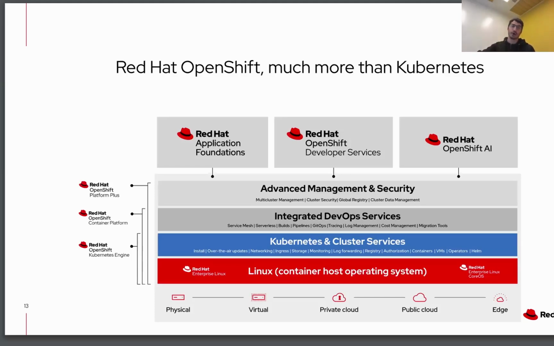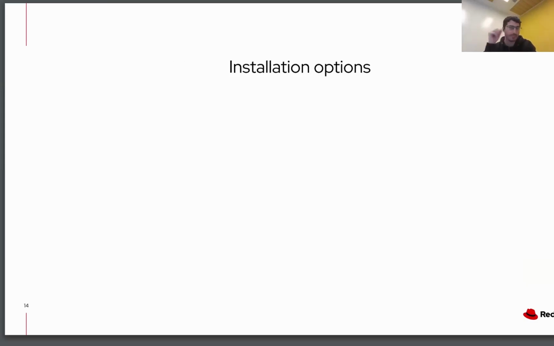And the components of OpenShift are obviously Kubernetes, that's the blue strip in the graph, but also many other components that will give you that full experience that the simple Kubernetes is not able to provide.